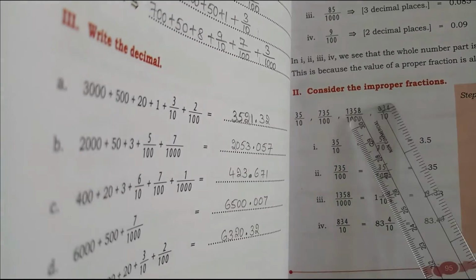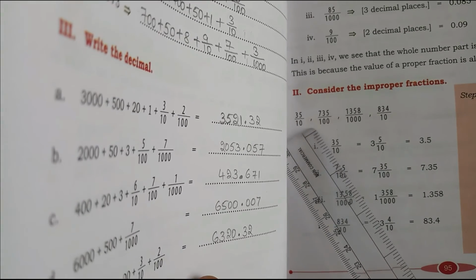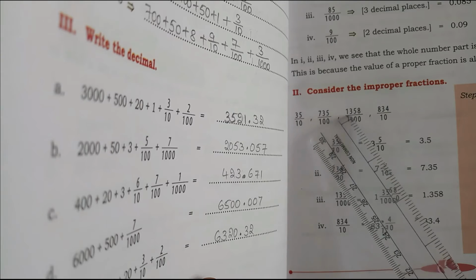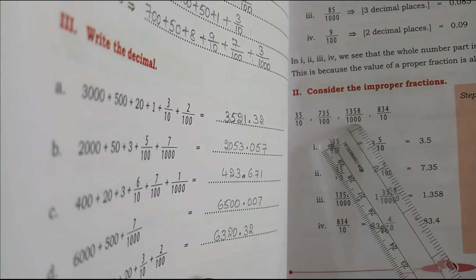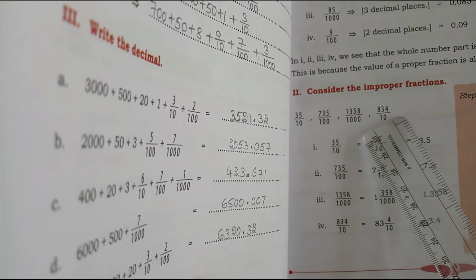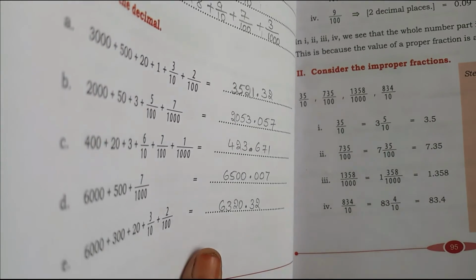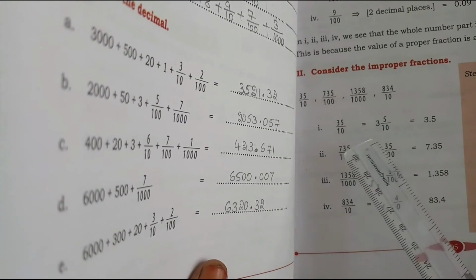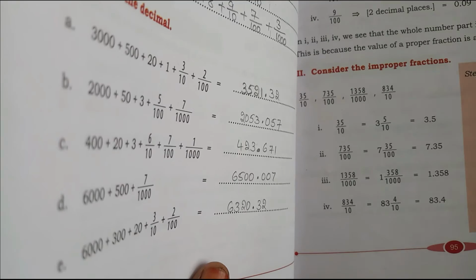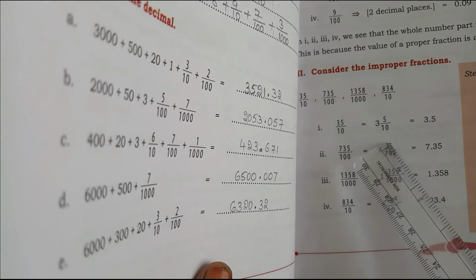Now consider the improper fractions. Here they have given questions like 35 by 10, 735 by 100, 1358 by 1000 and 834 by 10. Now we shall see, 35 by 10 is equal to, we know that if we make it a mixed fraction from the improper fraction, that comes as 3 and 5 by 10.